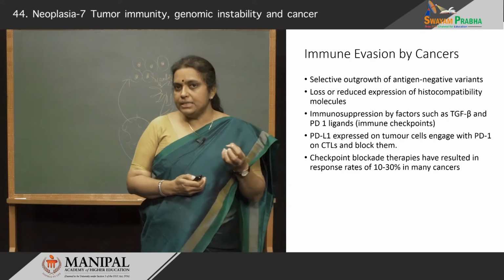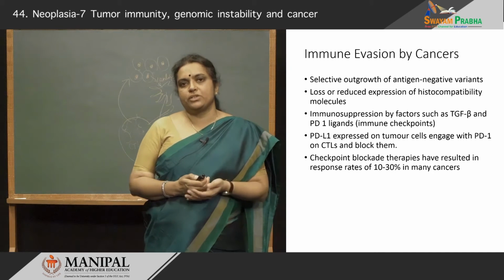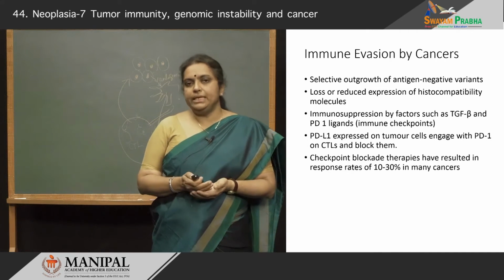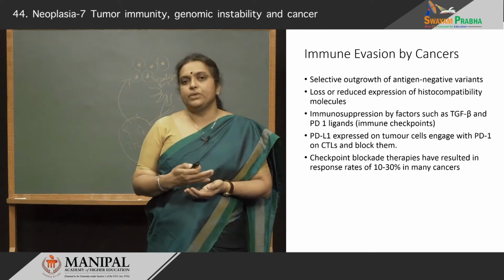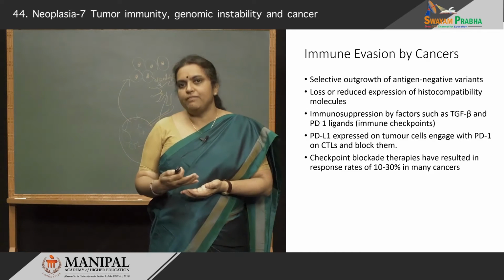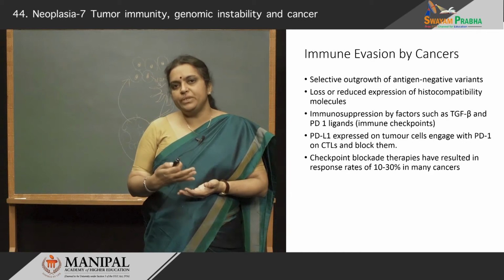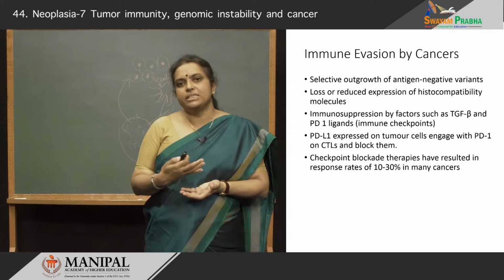Now, the PD-1 is expressed on the CTLs, which I showed you, and the PD-L1 is expressed on the tumor cells. Normally, in normal cells, the PD-1 and PD-L1 are present so that the normal cells do not become antigenic to our own immune system. Otherwise, you would have the immune cells destroying all the antigens of the normal tissues also.